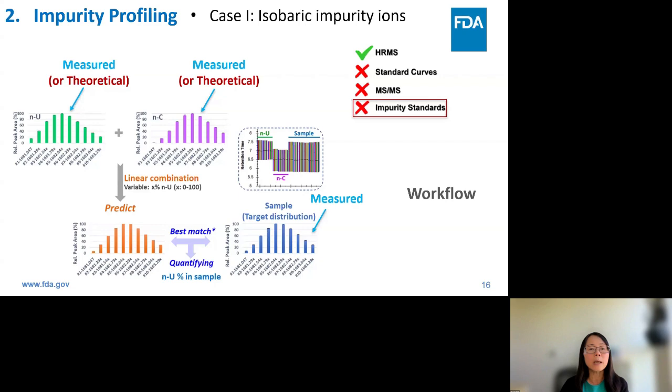Once the 3 isotopic distributions are input, the composition of N-U and N-C in the sample is quantified by the automated simulation. Furthermore, when impurity standards are not available, the workflow then uses their theoretical calculated isotopic peak distributions instead, which offers a great flexibility for scenarios where reference impurity standards are challenging to obtain.